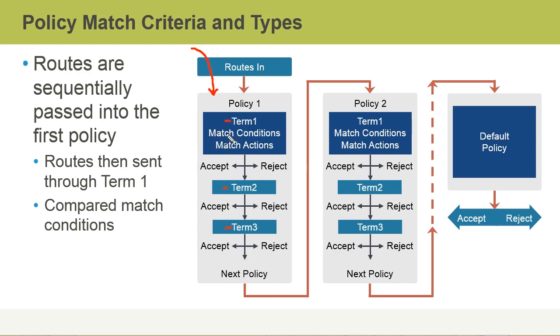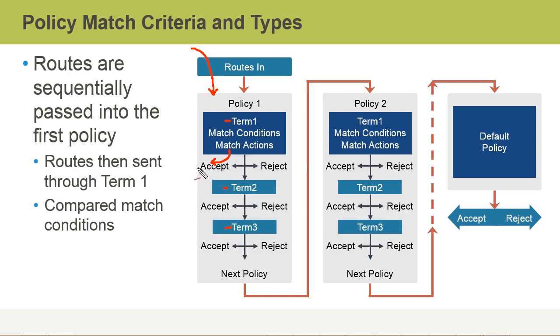So that's the test that's in term 1. In this case, because the routing information is OSPF information, it'll pass through that test. And because it is OSPF, the criteria is satisfied. So whatever the action is, which is accept, means we are going to accept that routing information.